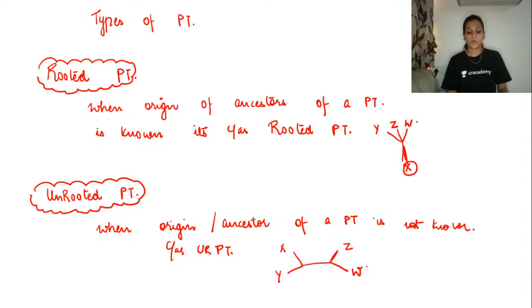Now let us talk about three other terms: homologous organs, analogous organs, and then we'll be talking about how the pictures are drawn. The first thing that we are going to see is homologous organs.